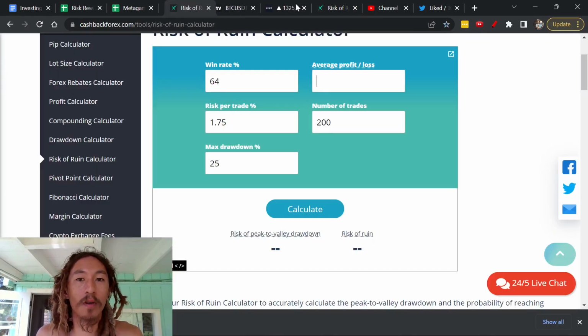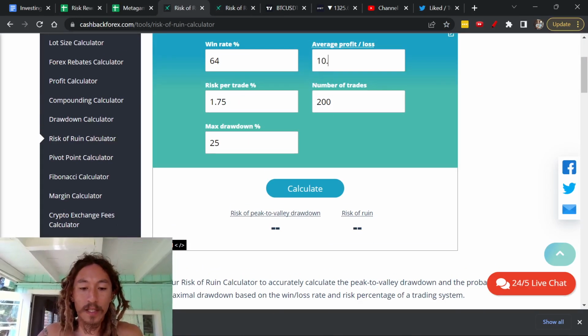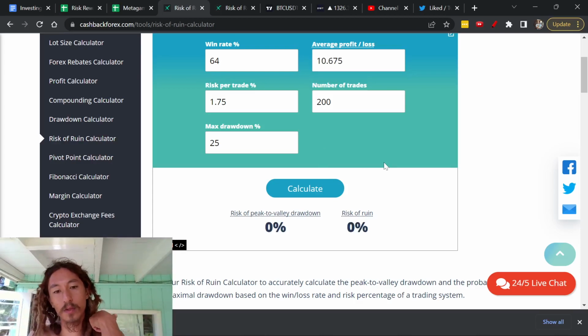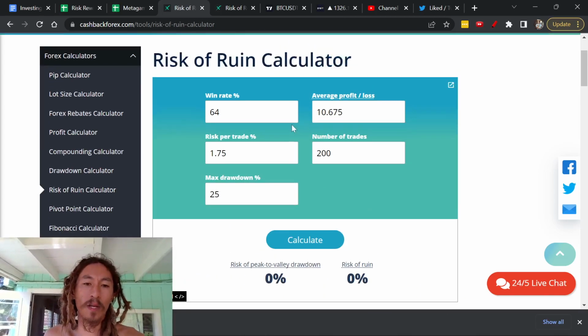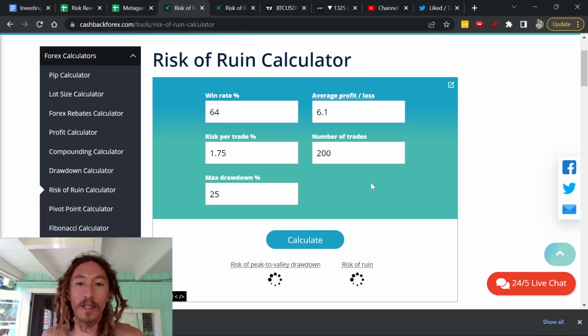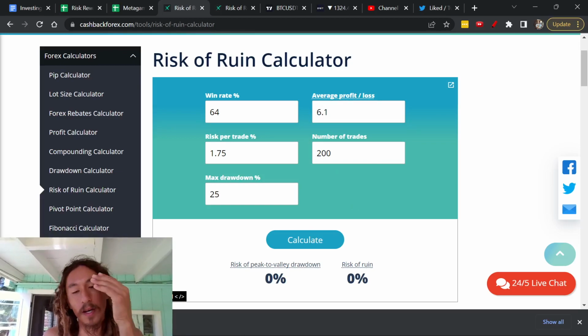If our win rate is 64% and we're getting a 10.675, oh no, this number doesn't change. This number is always going to stay the same at 6.1. That doesn't change. But at 1.75, we still have 0% risk of ruin.